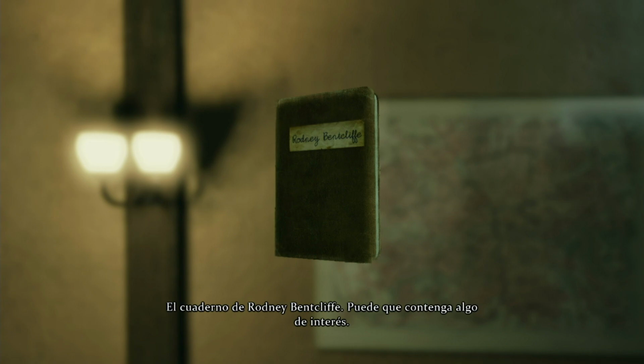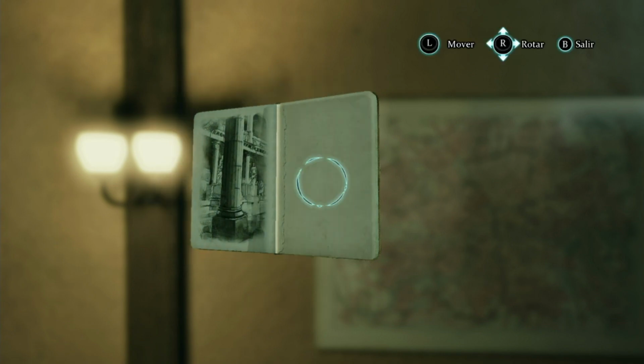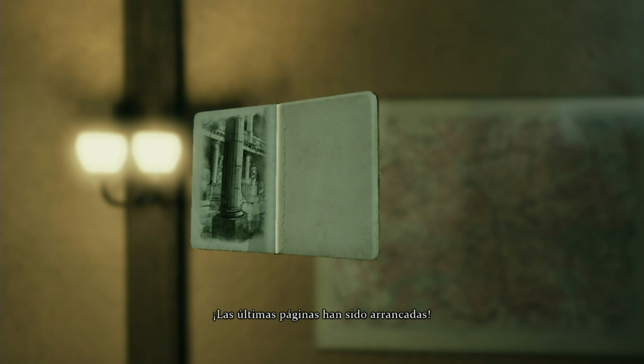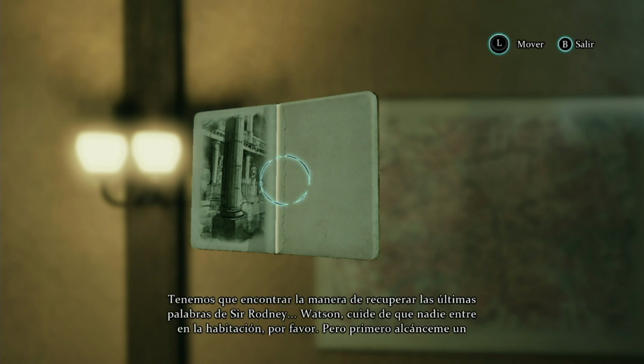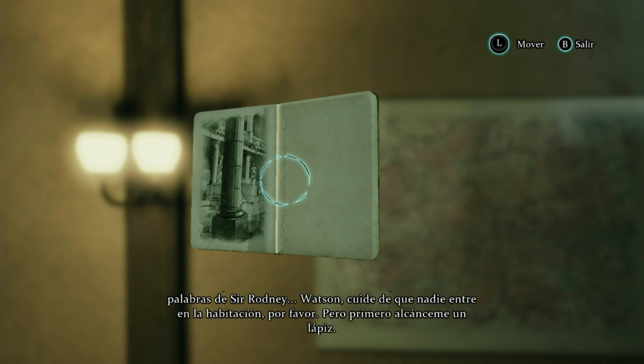It may contain something of interest. The last pages were torn out. We must find a way of retrieving Sir Rodney's last lines. Watson, please prevent anyone from entering the room. But first, fetch me a pencil.